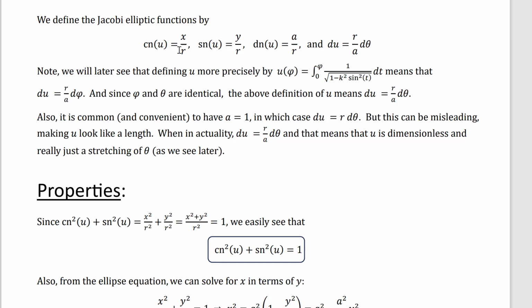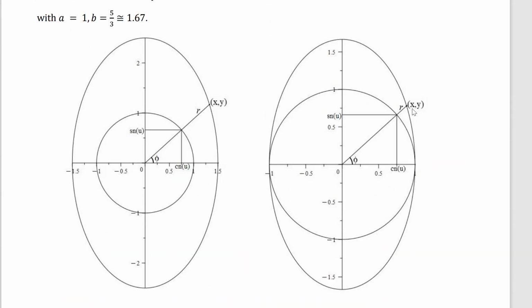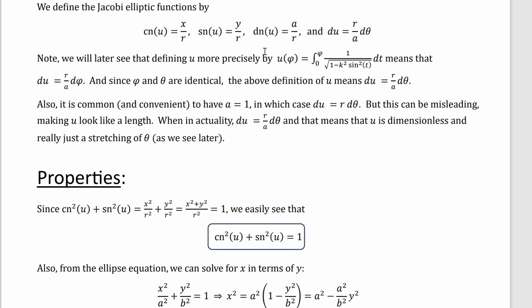Our cn u, as we saw, was just x over r, so if you go straight towards the unit circle, that will be the value. So x is the point on the ellipse, x over r takes me to right here, and y over r. So if you just divide by r, you're now on the unit circle. So that's cn u, sn u, and then dn u is a over r, the minor axis divided by r.